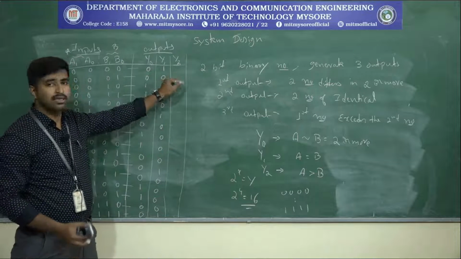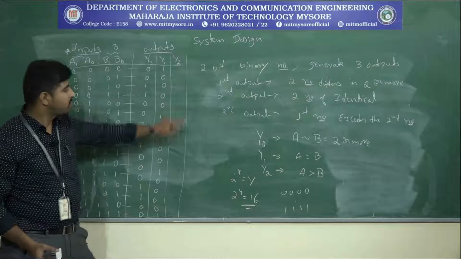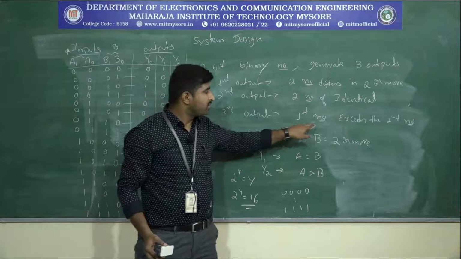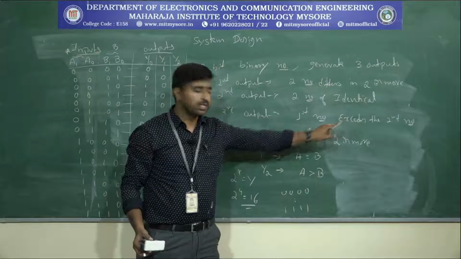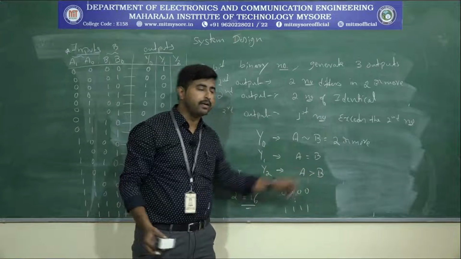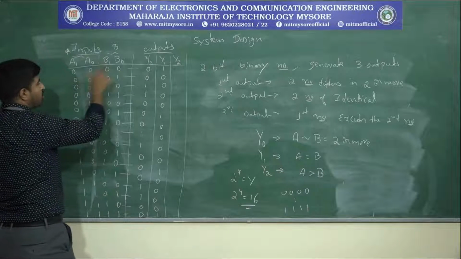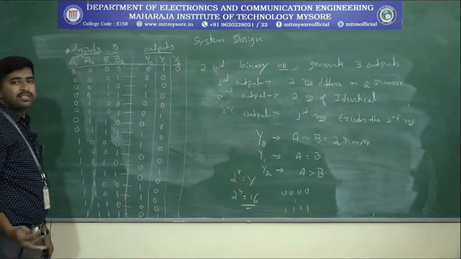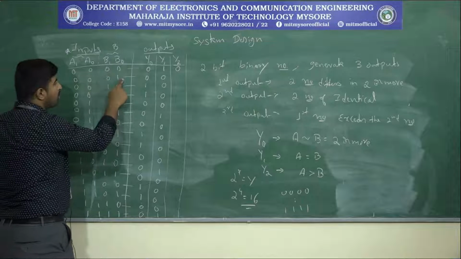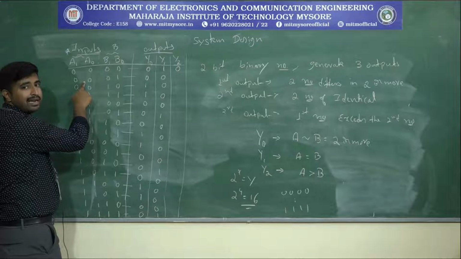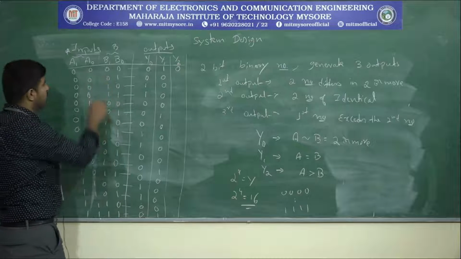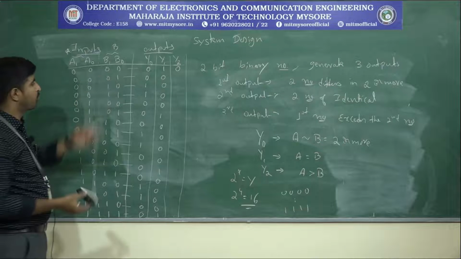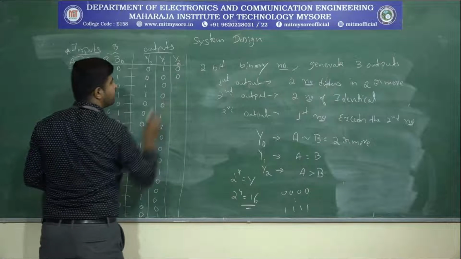Now let's come to Y2. Let's look at when the third output, Y2, will be generated: when the first number exceeds the second number, that is, when A is greater than B. For 0, 0, both are identical, neither is exceeding, so the output will be 0. Next 0, 1: B is greater than A, so the output will again be 0, since 0 is lesser than 1.